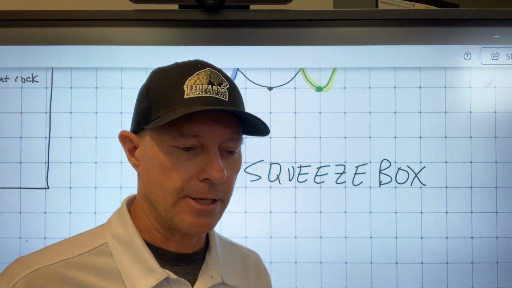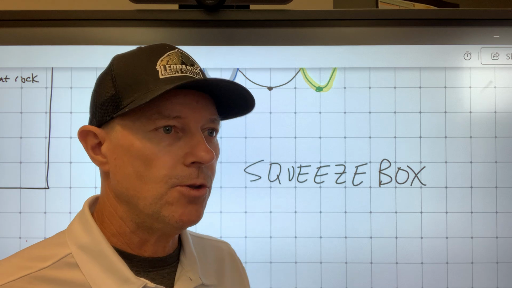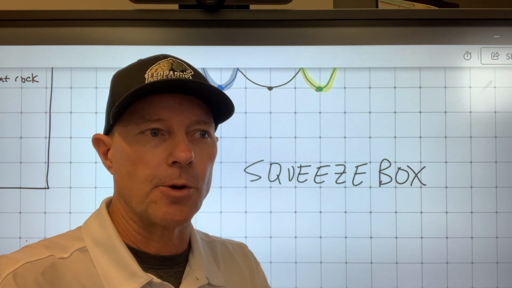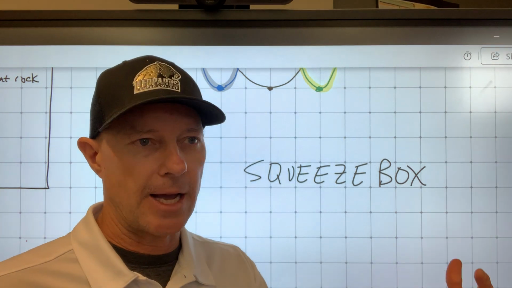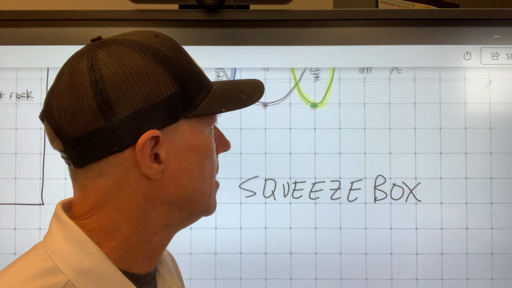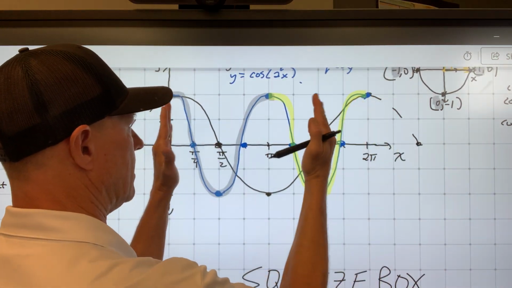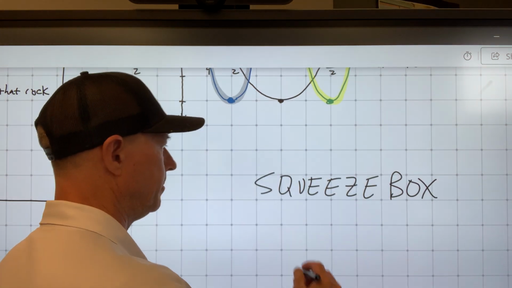An accordion is the instrument with the folds in the middle that you squeeze back and forth. And when you squeeze it in, the folds become more frequent over a shorter period of time. And when you pull it back out, they become more stretched out, less frequent over the period of time. And so what we did to the black curve is we squeezed it in so we had more folds. So that's why I call it the squeeze box theorem.